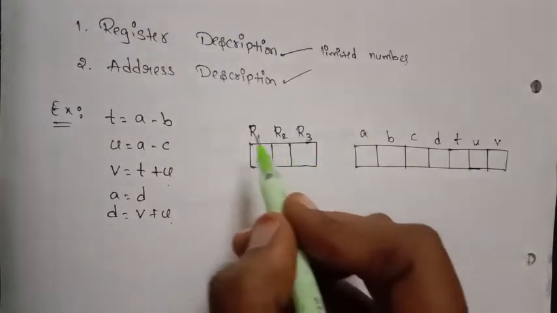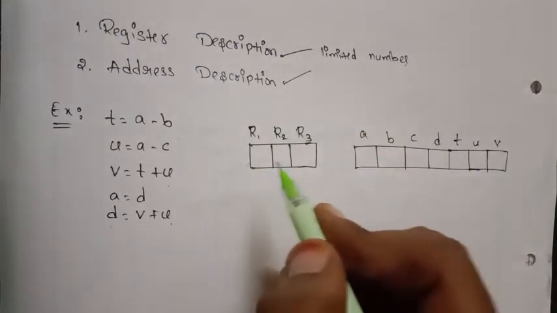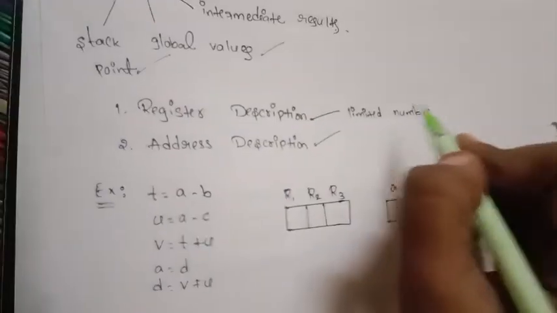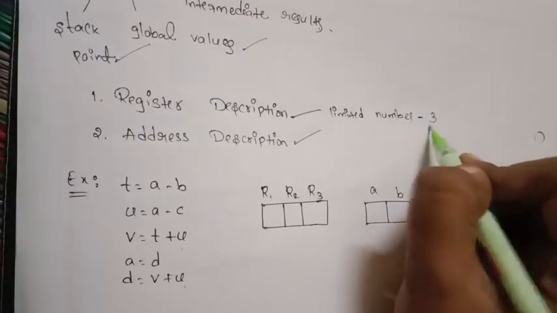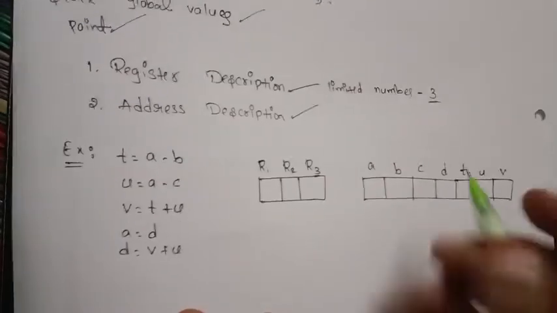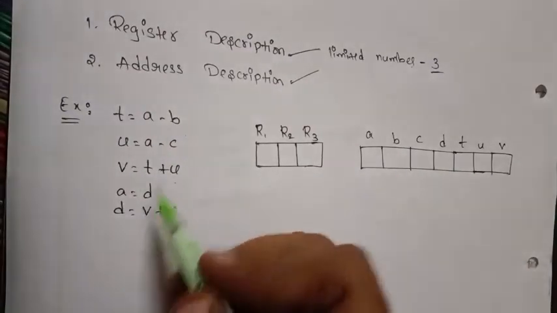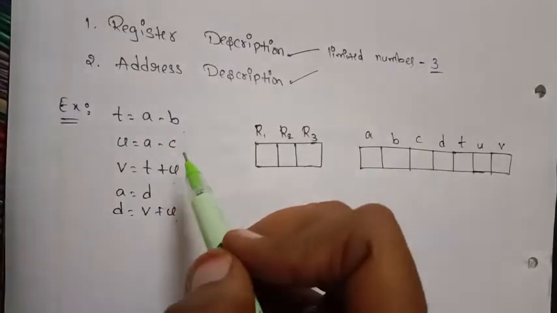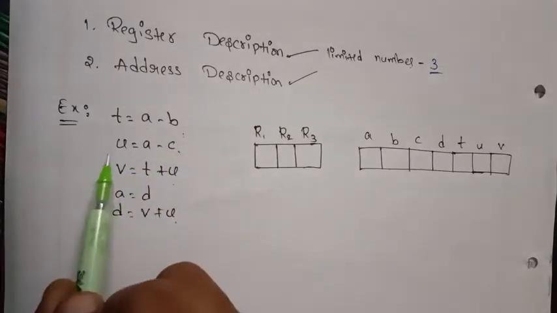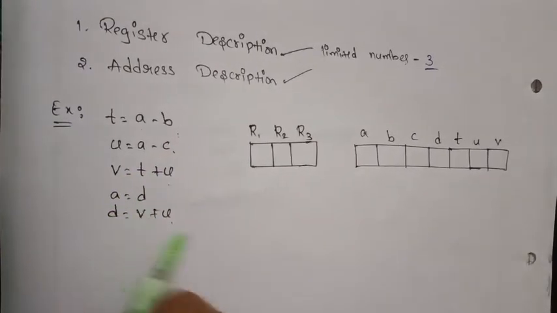Here I am taking a limited number of registers, just 3 registers, and in the address description I am going to write the variables they have given: a, b, c, u, t, v, d.